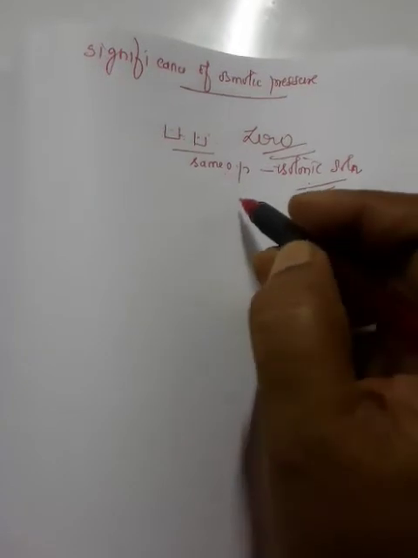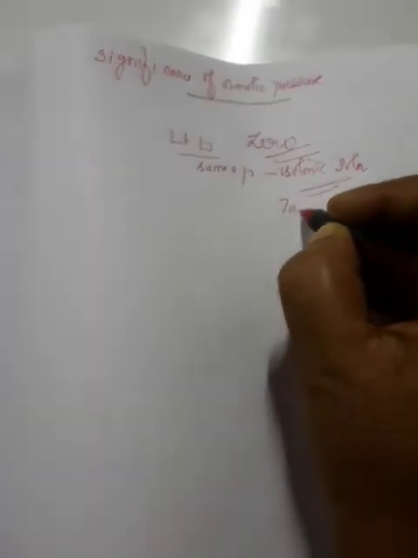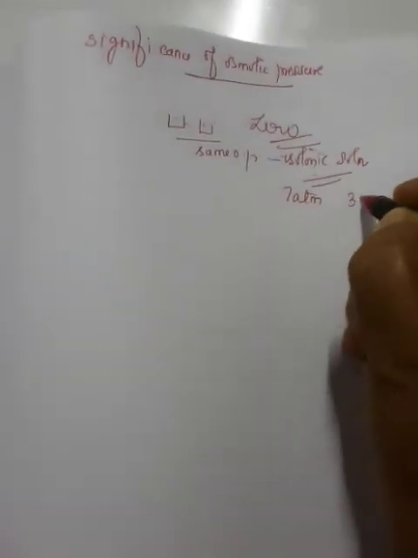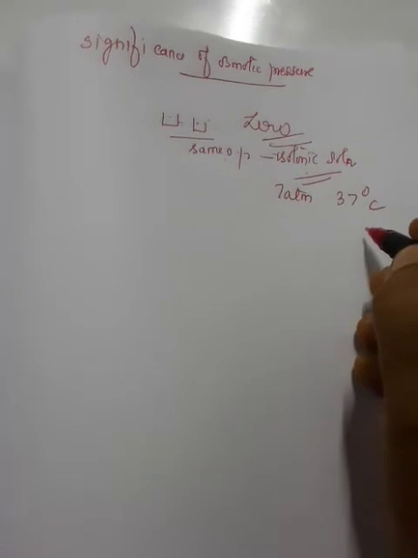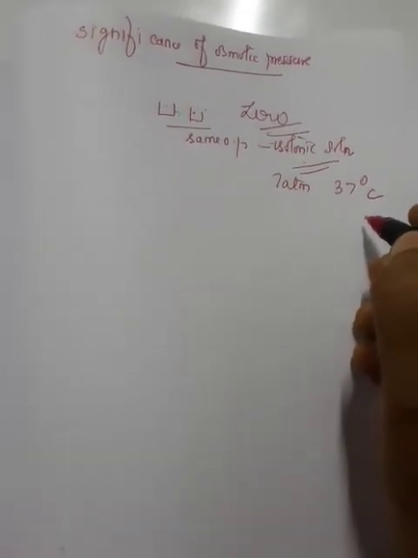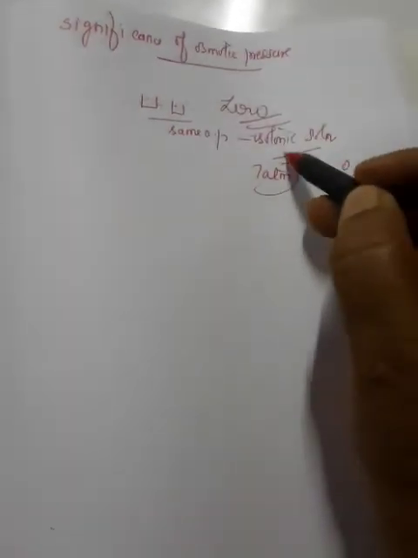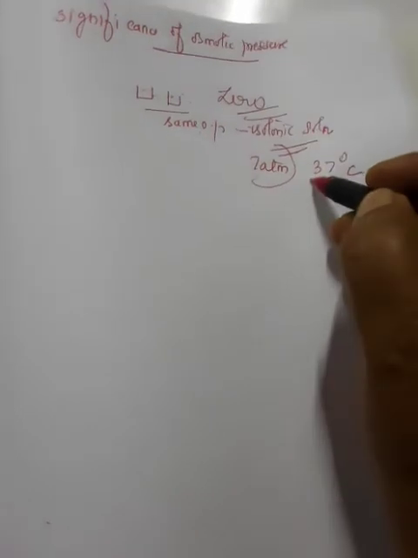For example, the osmotic pressure of the blood cells is equal to 7 atmosphere at 37 degrees Celsius. Now, intravenous injections should have the same osmotic pressure as that of the blood.